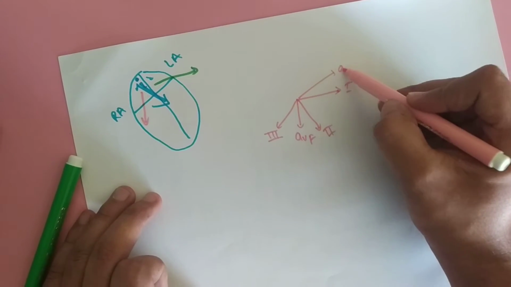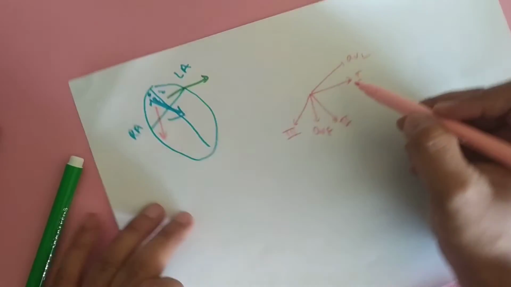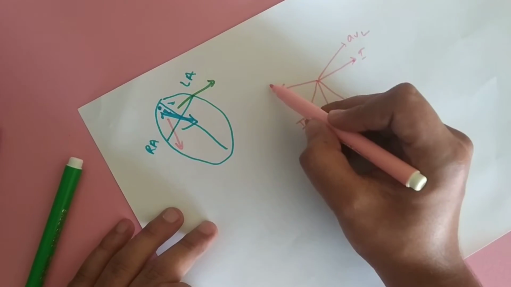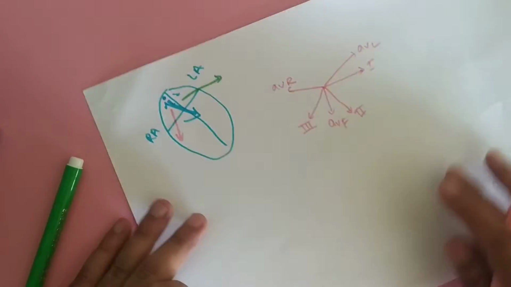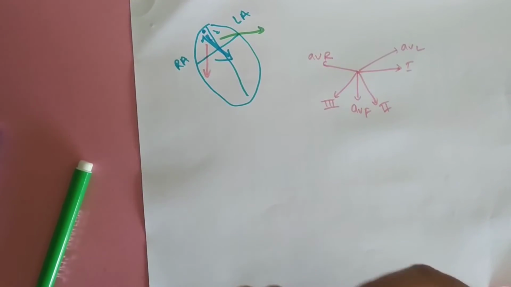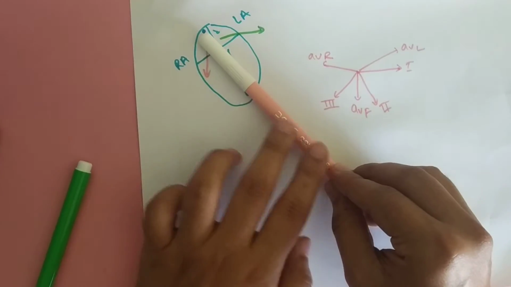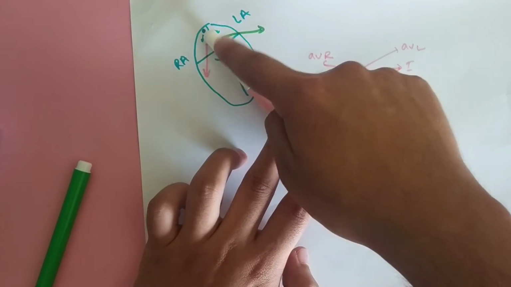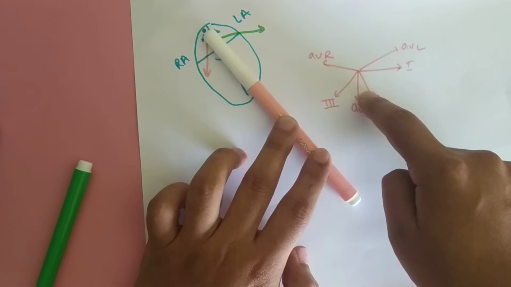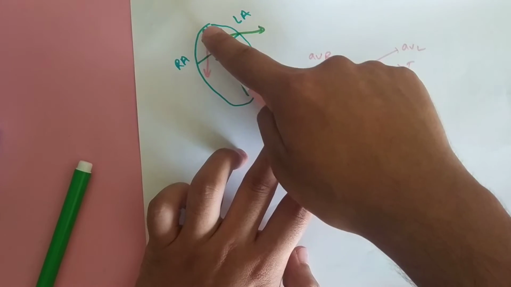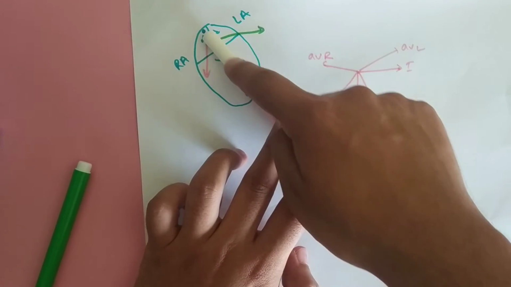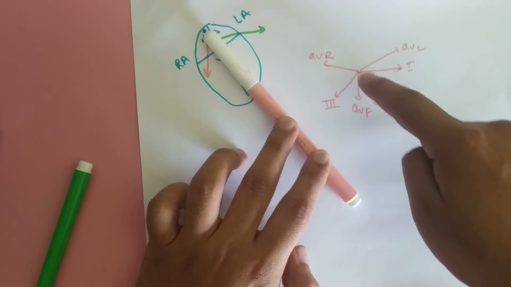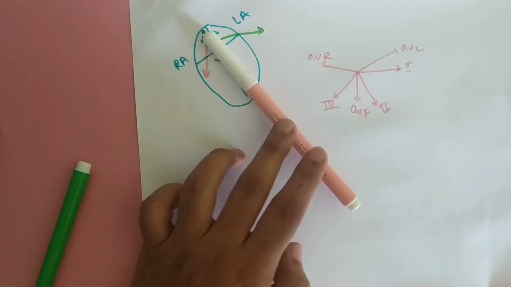Here we have AVL and here we will have AVR. So when we take the resultant vector of atrial depolarization, which is in this direction, and compare that with the leads, you see the direction of this atrial depolarization vector is the same as the direction of lead 2.